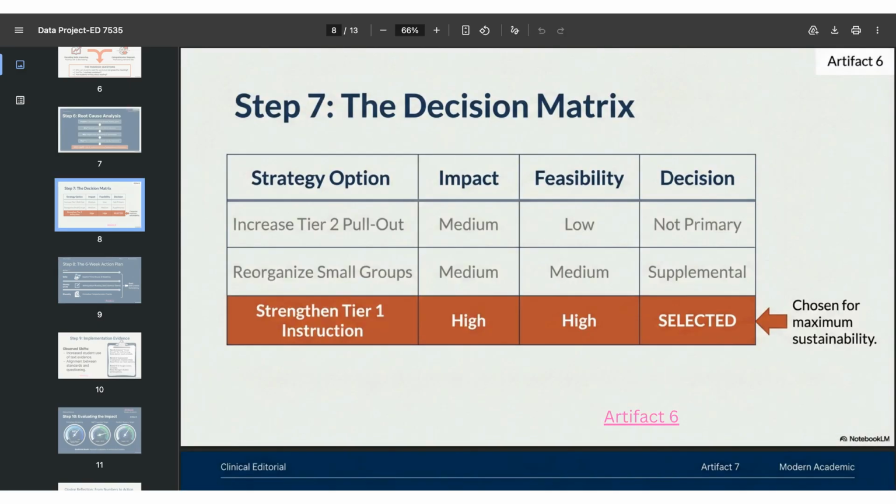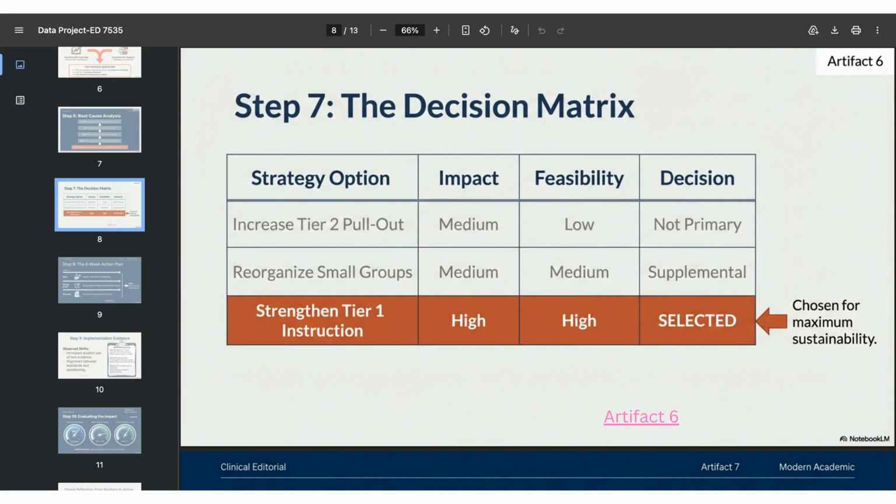Here are some data informed change options considered. Before selecting a strategy, multiple options were generated and evaluated using a decision matrix: to increase intervention time, to reorganize those small groups, to strengthen tier one instruction, and also to increase comprehension writing tasks. Each option was evaluated for impact and feasibility.